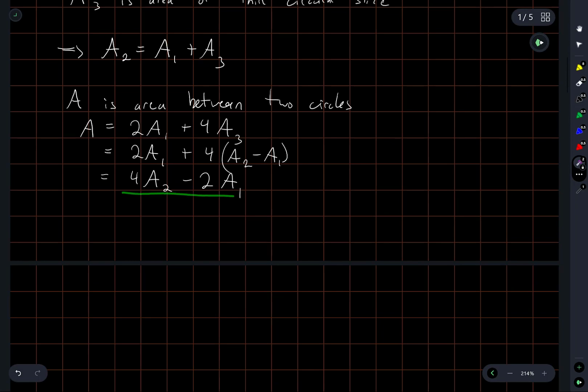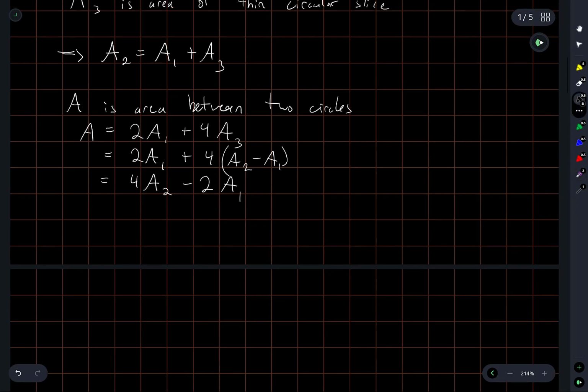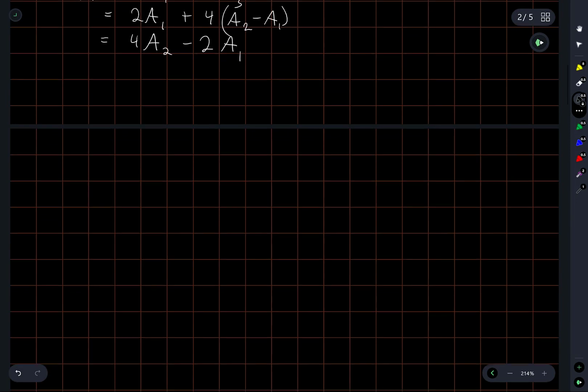And these should be easy to compute. Okay, so let's go ahead and compute A1 and A2.